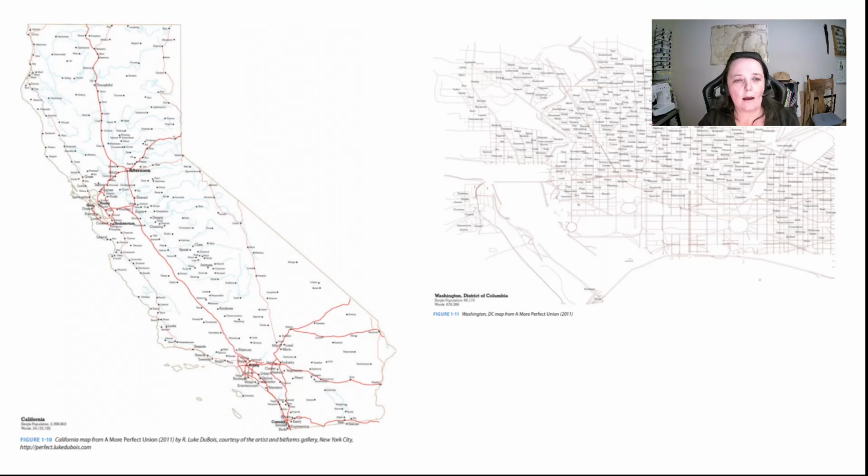So this is a really fun project from the textbook. It's from a book called A More Perfect Union, and the artist actually went through and did an analysis of online dating profiles, and the words on the map are some of the most frequently used words to describe each person in their dating profile, displayed by location.